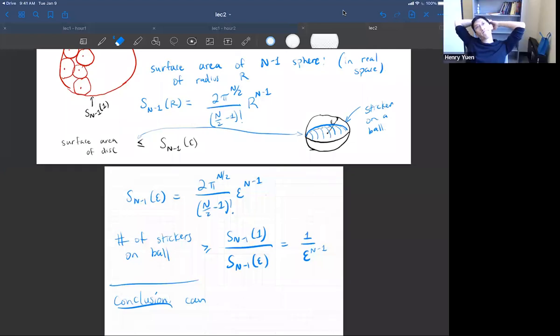Oh, I see. Okay. This division argument doesn't care about the arrangement of points.